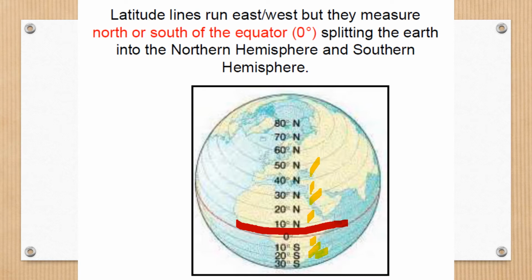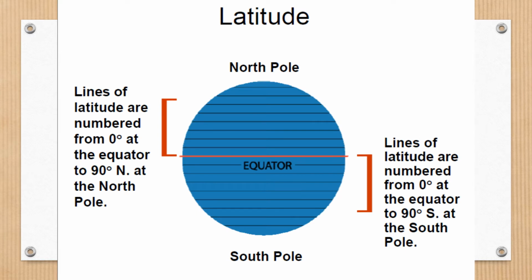So if you can spot the lines, you can see the latitudes run in the east-west direction. Let me remind you, they are parallel lines. They do not meet each other at all.